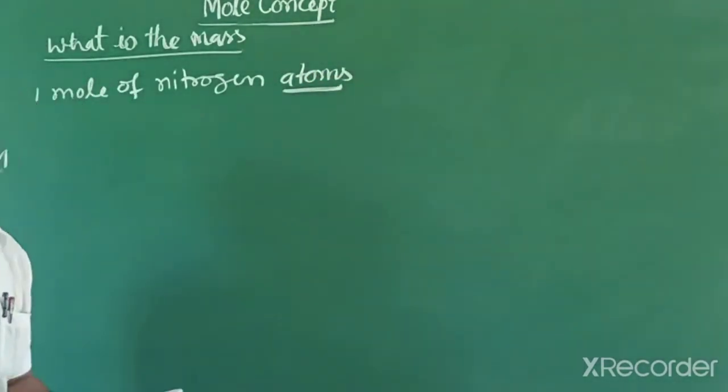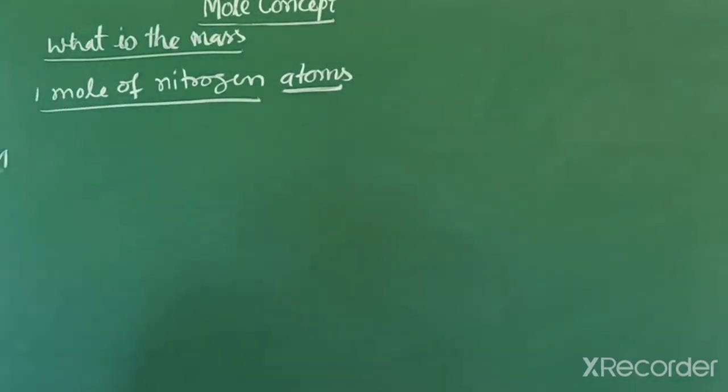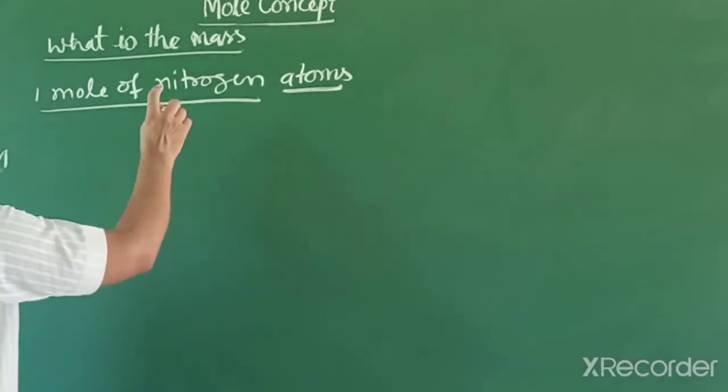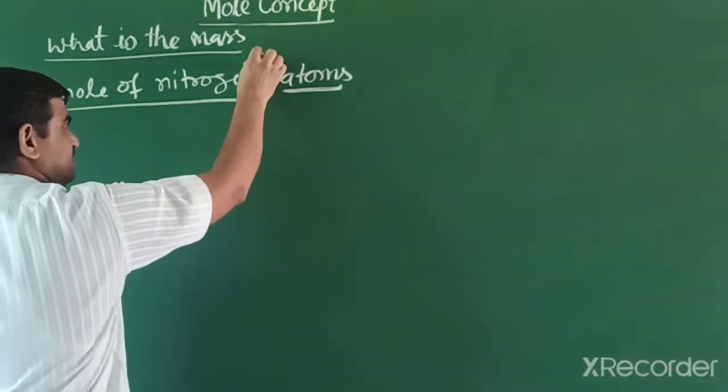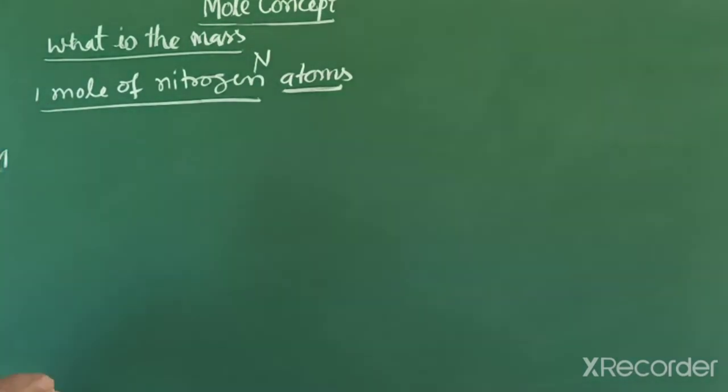Students, clearly see the question. There is given 1 mole of nitrogen atoms. There is not given molecule. Nitrogen atom means there is only 1 nitrogen, represented like this.